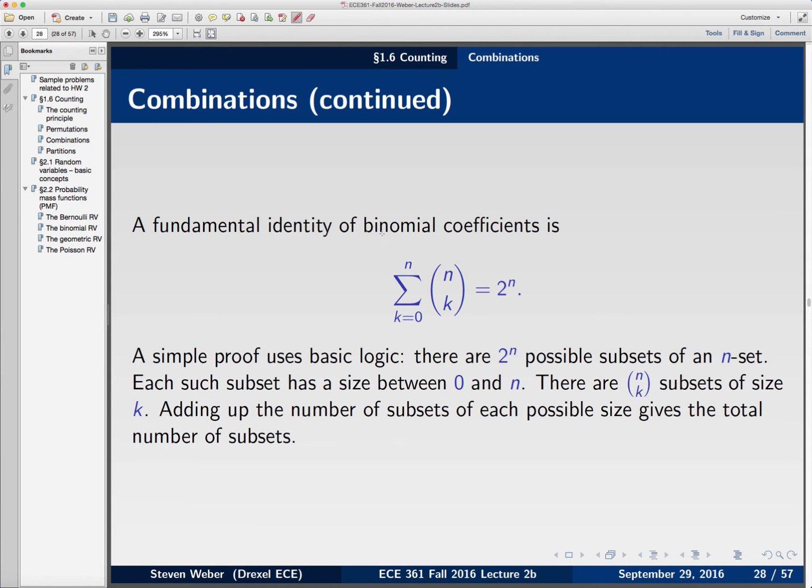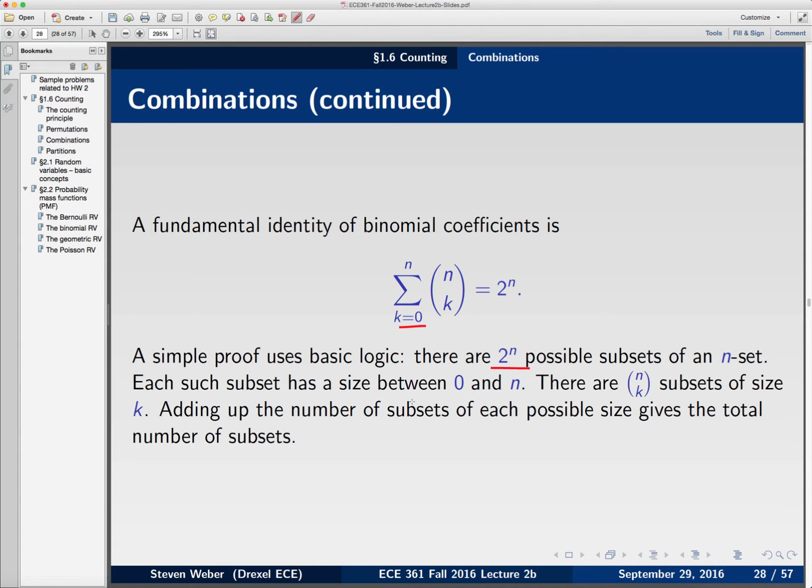A fundamental identity of binomial coefficients is that if I take the sum over all k from k equals 0 up to n of n choose k, I will get 2 to the n. This is a simple consequence of the binomial theorem, but let's also deduce this same result using some basic logic. We know that there are 2 to the n possible subsets of an n-set.